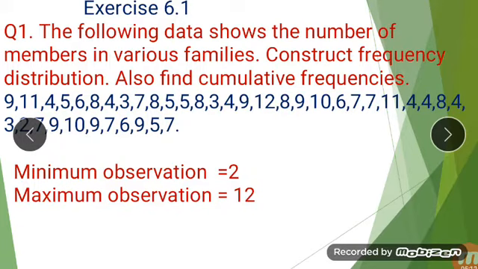So for discrete frequency distribution, the first step is to find the minimum observation, meaning the minimum value, and the maximum observation. In this data, the minimum observation is 2, whereas the maximum observation is 12.